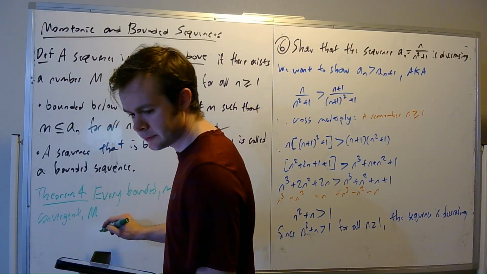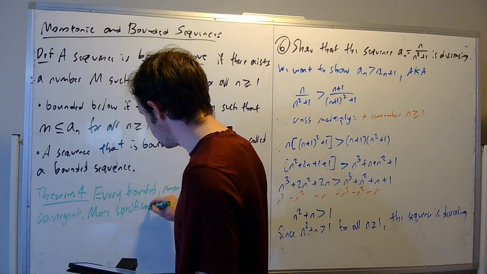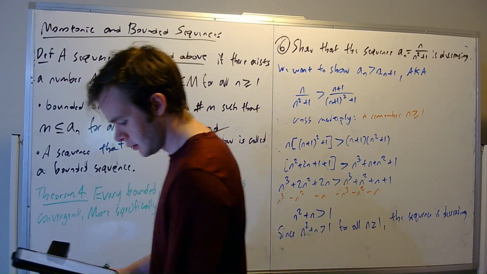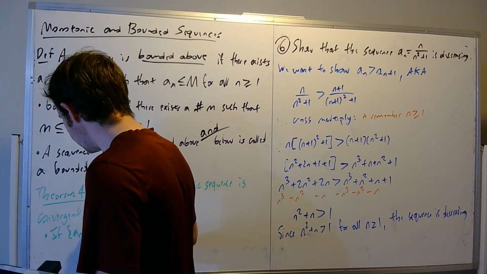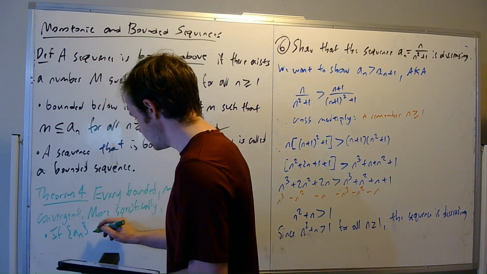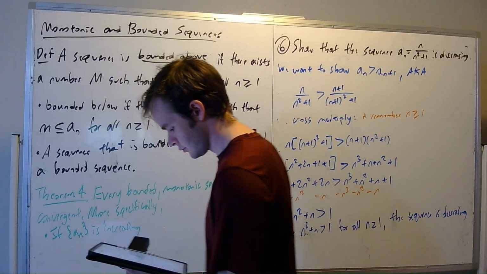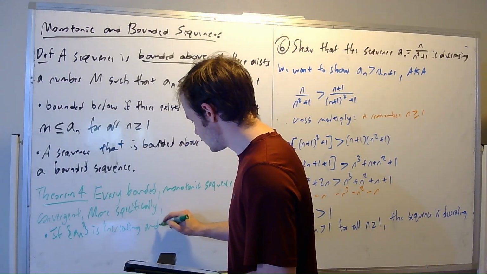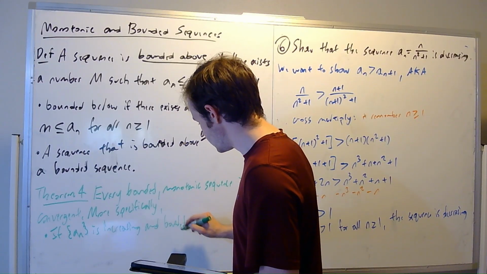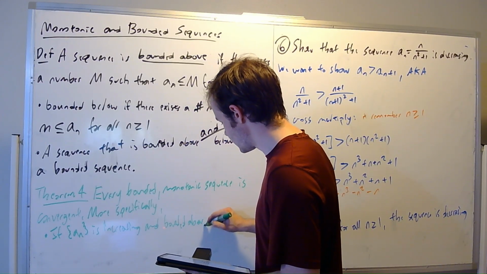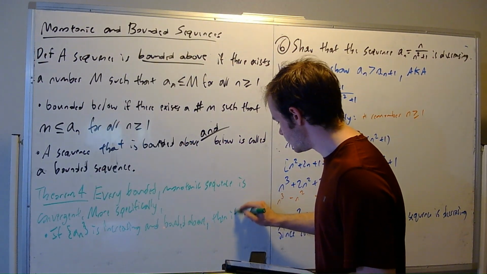More specifically, so we'll say here if a_n is increasing and bounded above, then it converges.